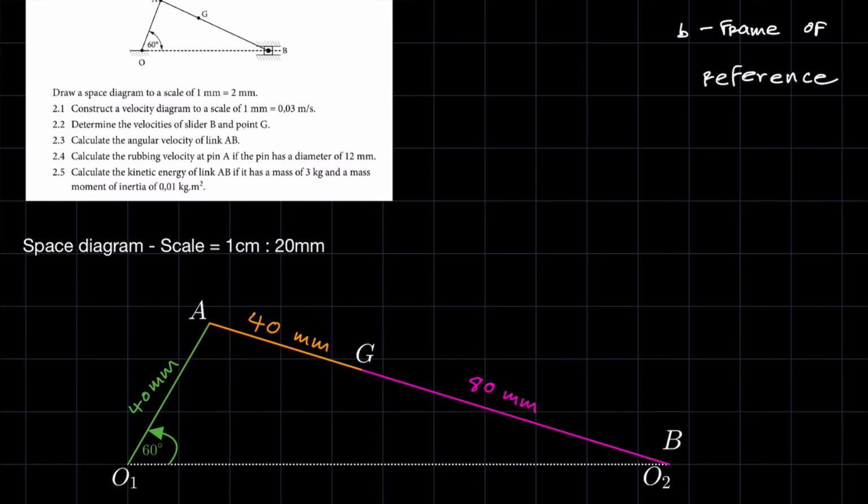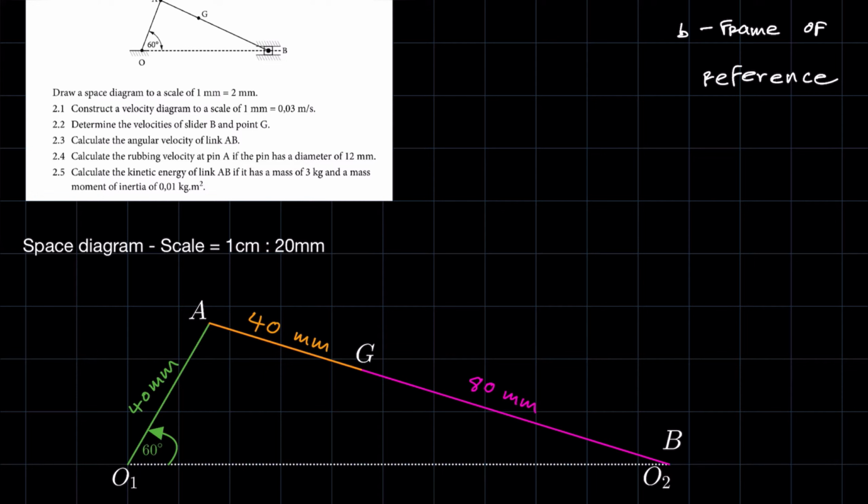So if you are fine with the concept of kinematics, as well as how to draw the space diagram, and you want to know how to go about drawing the velocity diagram, then you are in the right place. In this video, I am going to show you how you would go about drawing a velocity diagram.